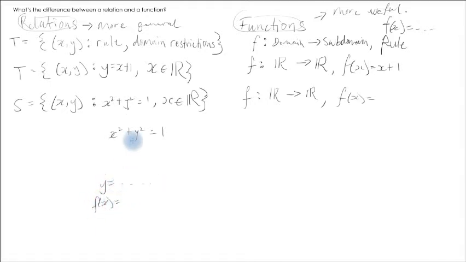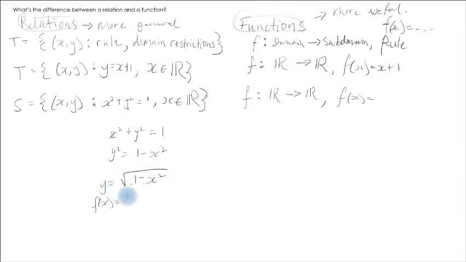Okay, so let's see what happens when we try and do that. We'll put x squared onto the other side by subtracting x squared from both sides. Then we'll be left with y squared equals 1 minus x squared. Now we'll take the square root, so it's y equals the square root of 1 minus x squared.